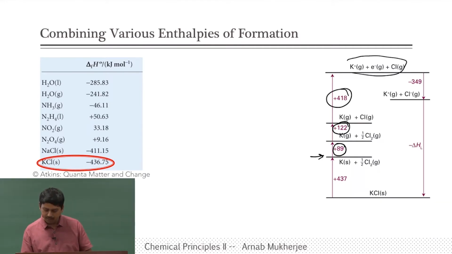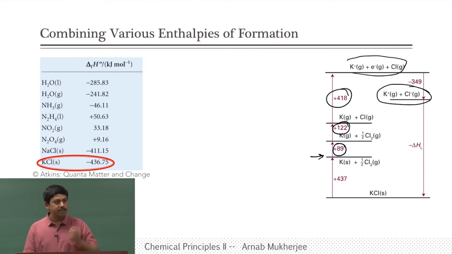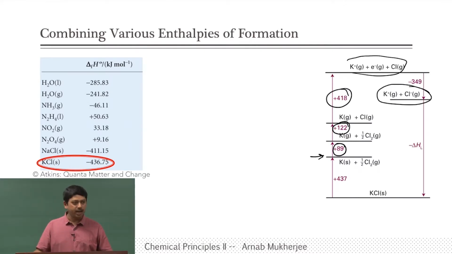Once you form that, that is just to take out the electron from potassium. However, when the chlorine takes in the electron, so what is it called when you take out an electron from an atom? Ionization energy.